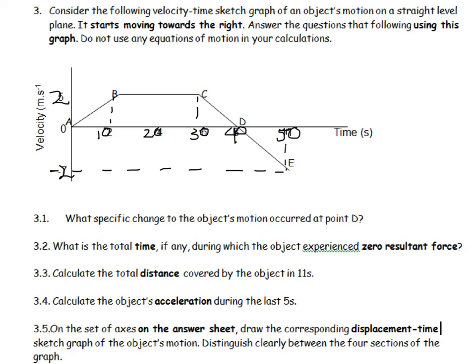We have got an increasing velocity from A to B, constant velocity from B to C, decreasing velocity from C to D. At D, I've got 0 velocity. In other words, this object has stopped. And what happened immediately after that? It changed direction. Because we have gone below the curve, we've got a negative velocity. That negative means that I'm going in the opposite direction.